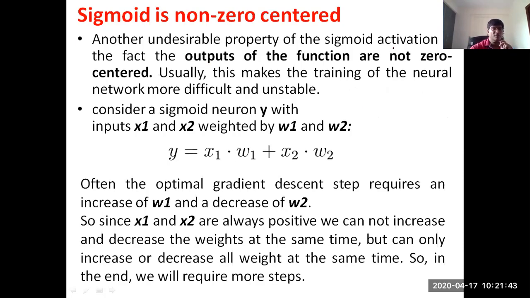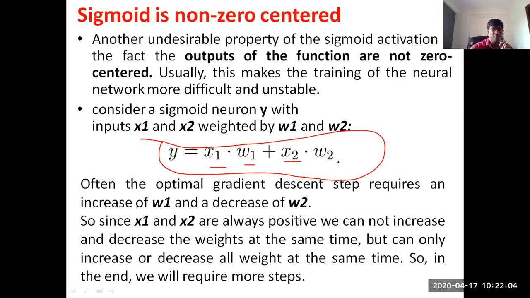Moreover, these sigmoid functions, as we have already said, are not centered. They are non-zero centered. For example, if we consider this simple activation, where we know this is the input and these are the corresponding weights.